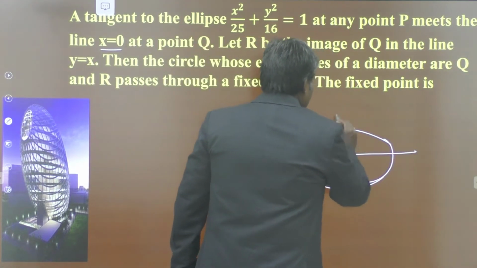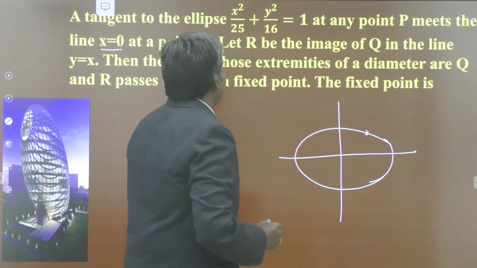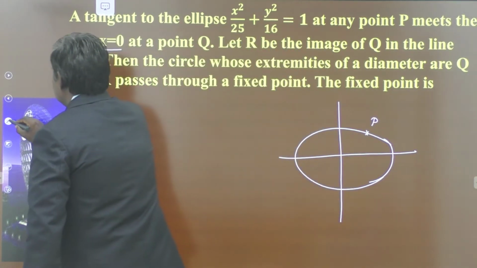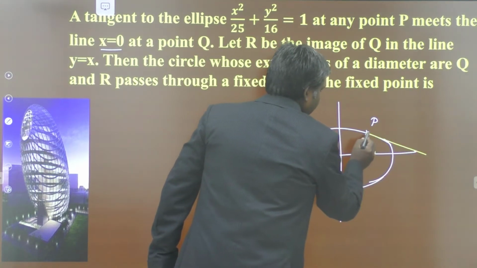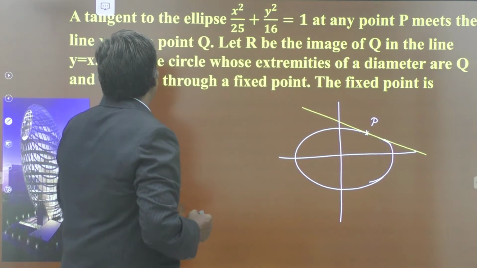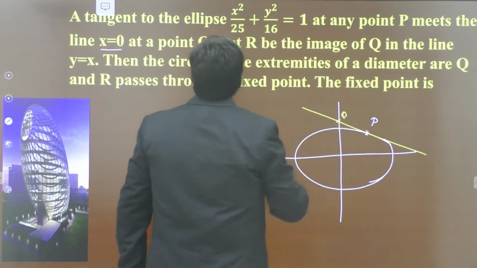This is the a greater than b case. Suppose this is my point P. We are drawing the tangent at P. This is the tangent, which meets the line x equal to 0 at point Q. This is my point Q.